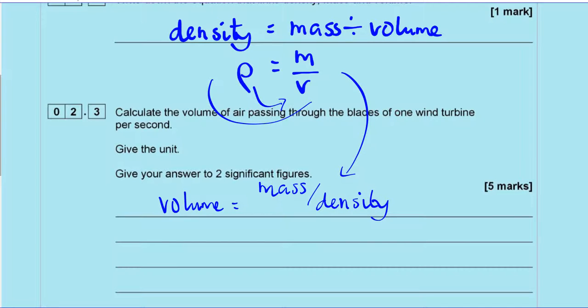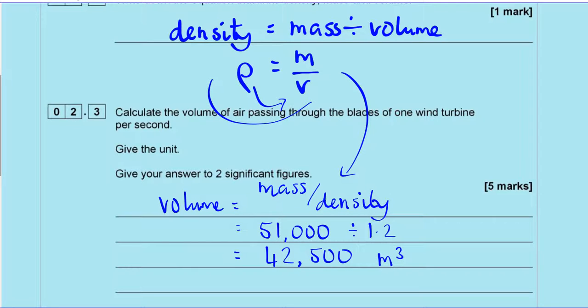I know that the mass of the air per second was 51,000, and that then needs to be divided by the density, which was 1.2. Running that through my calculator, that tells me that the volume of air is 42,500, and because I've used kilograms and kilograms per meter cubed, the units are going to be meter cubed for volume.